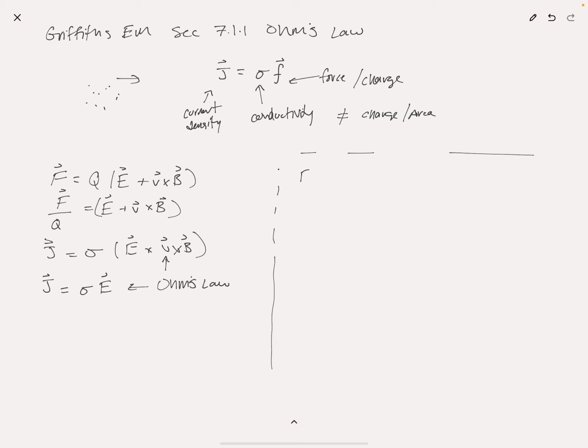Example 7.1. I have a cylindrical resistor. It is of length L. Each of these areas at the edges is A. It has some conductivity sigma, and there's a potential difference across these two faces of V. All right.